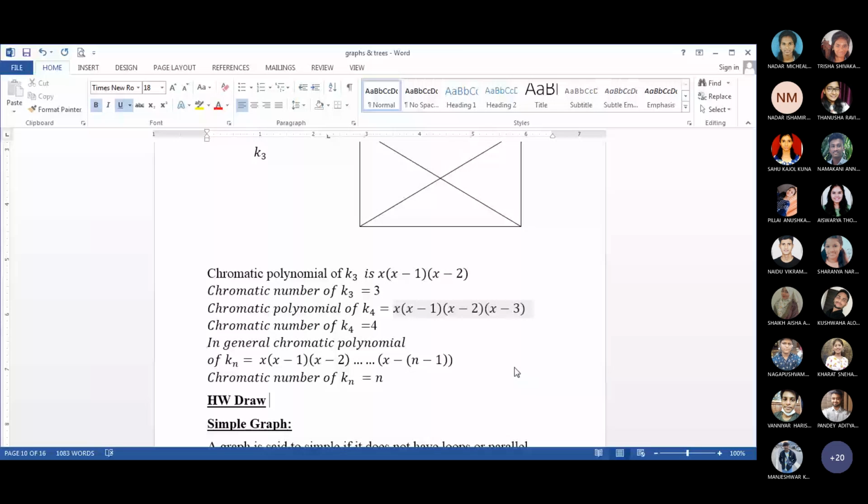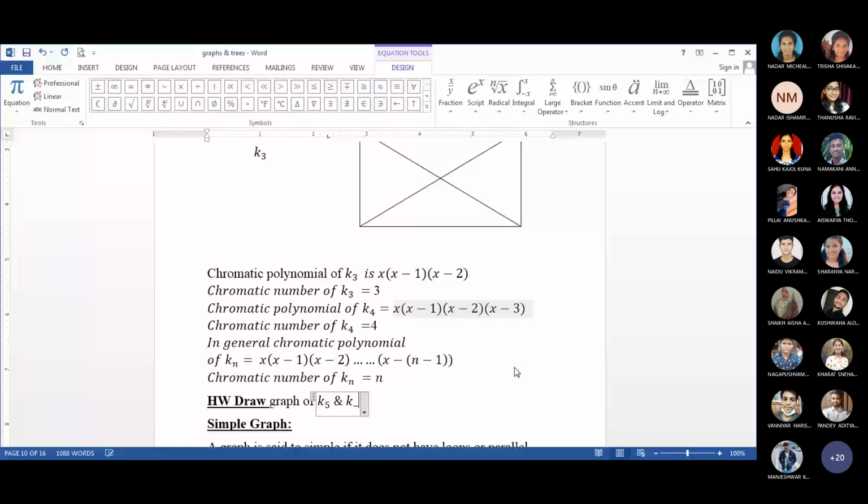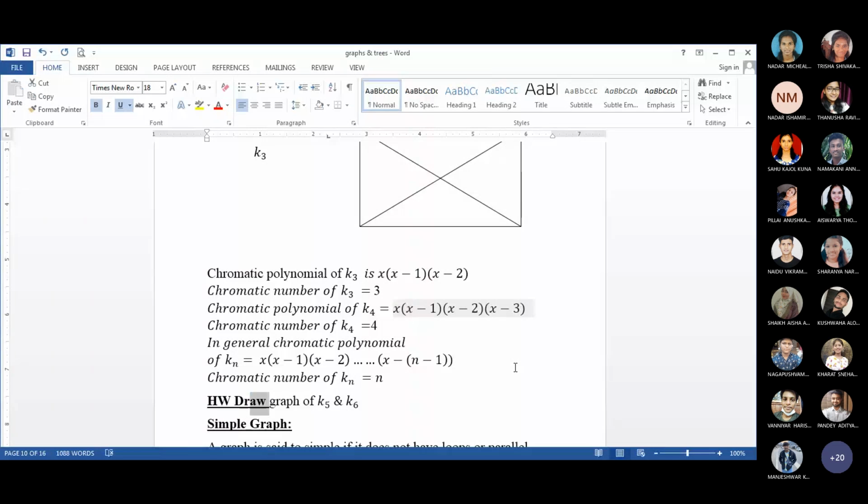So the homework is to draw the graph of K5 and K6. That is your homework part.